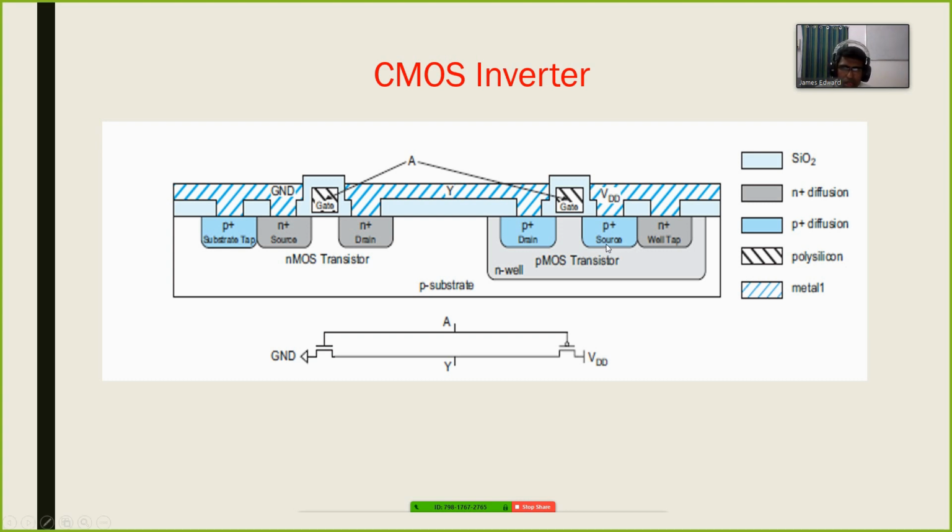However, they can be categorized into 5 stages. Initially, a SiO2 protective layer is grown over a p-type substrate. Then we have N plus diffusion for an NMOS transistor, P plus diffusion for a PMOS transistor, polysilicon for the gate, and also metal for connectivity.